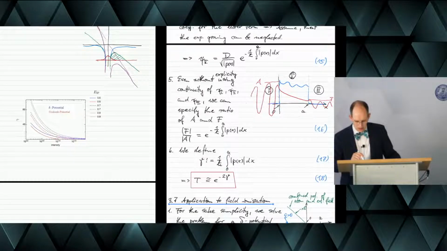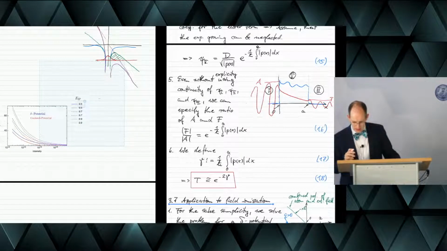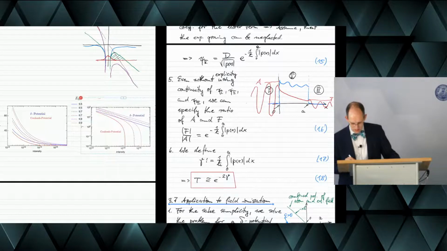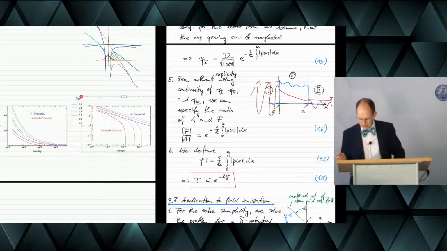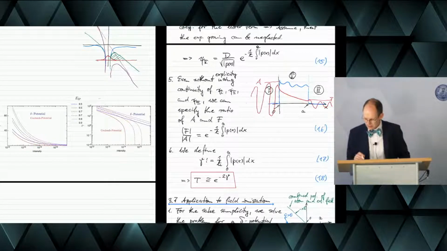So maybe I shift this around a little bit. This is the same thing now on a logarithmic scale, and you see this exponential gets a line. You see how much they deviate for the same ionization potential, solid curves or dashed curves, and so on and so forth.